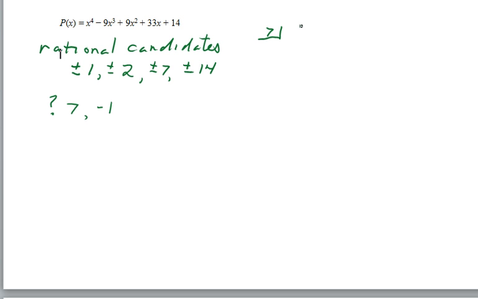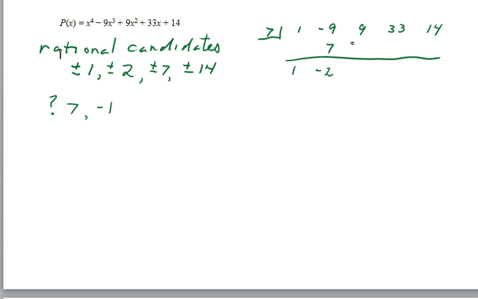So 7 would be the divisor, and 1, negative 9, 9, 33, 14 are the coefficients. 1 will be the leading term in the quotient, times 7 would be 7, add negative 9 would be negative 2.